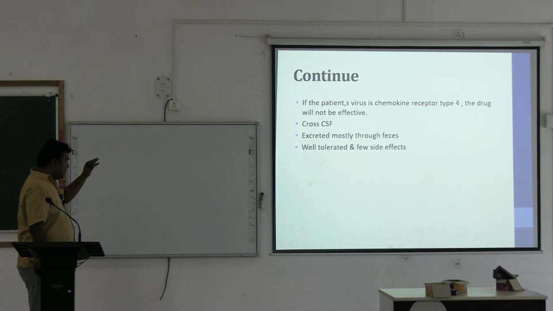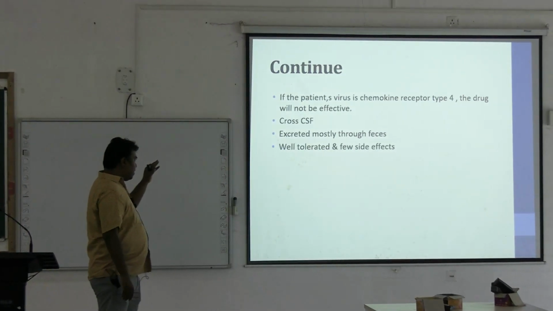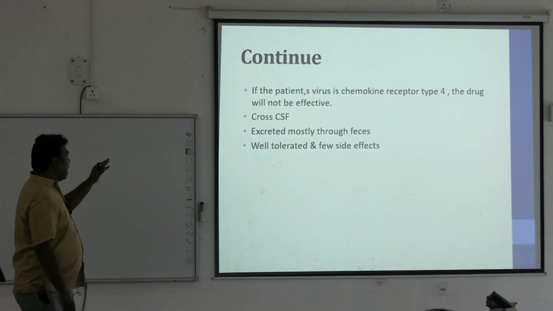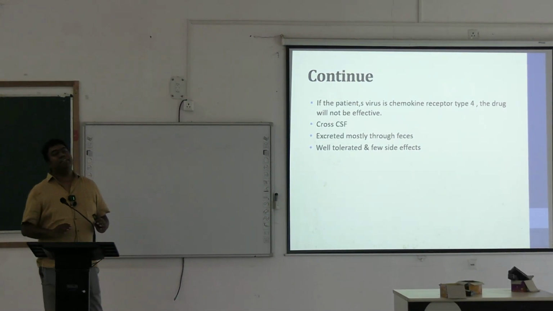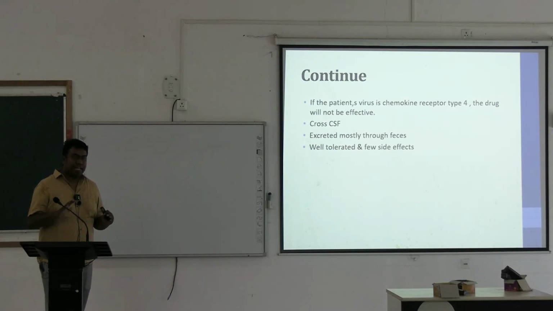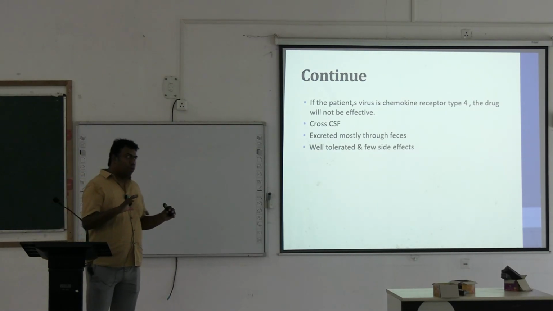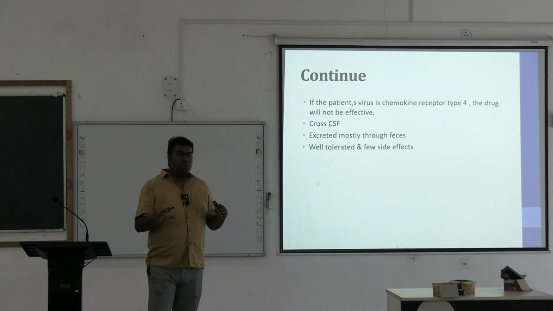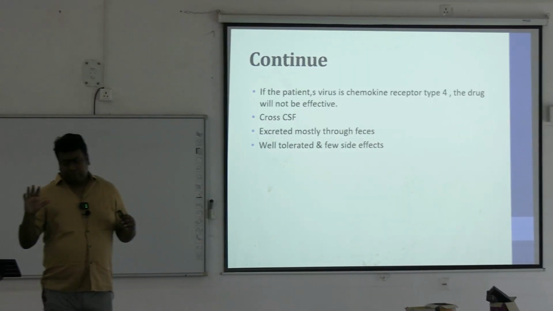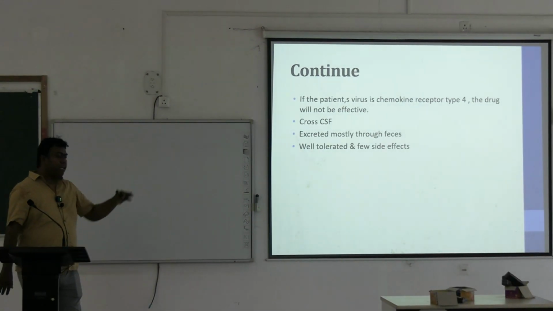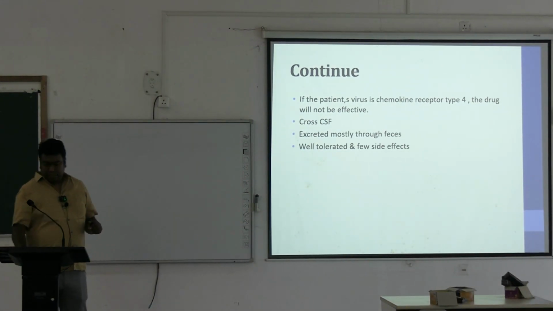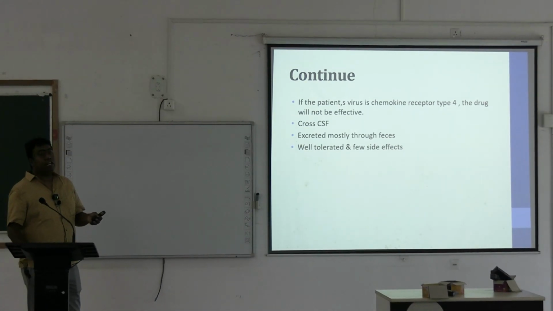These can cross the CSF, are excreted through the feces, and are well tolerated with fewer side effects. Even then, this is not a first line drug. Why? Because you don't know whether HIV binds with CCR5 or chemokine type 4 receptors. There may be early development of resistance, so it is only a reserve drug.